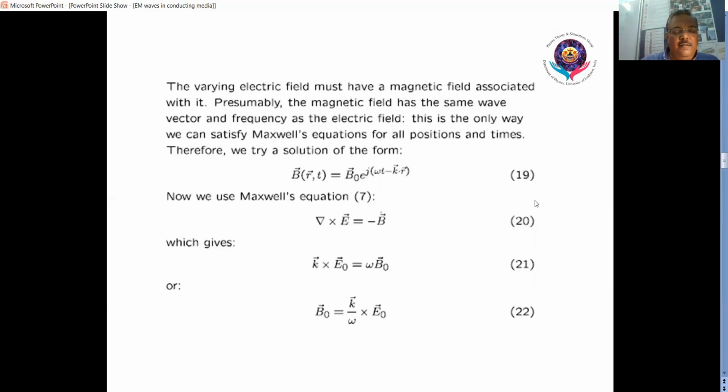Like we just saw the behavior of the electric vector here, we can say that the magnetic vector will also behave in a similar fashion. So we can have the value of the magnetic vector represented by equation 19. And the electric and magnetic vectors are related by Maxwell's equation. So we get the relation between the two vectors as in equation 22.